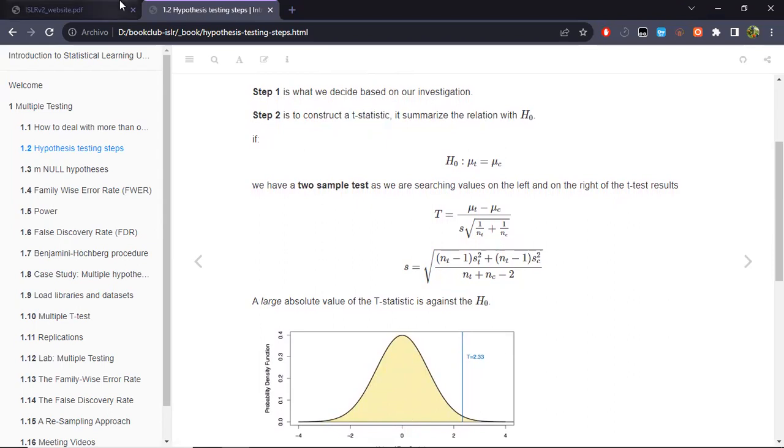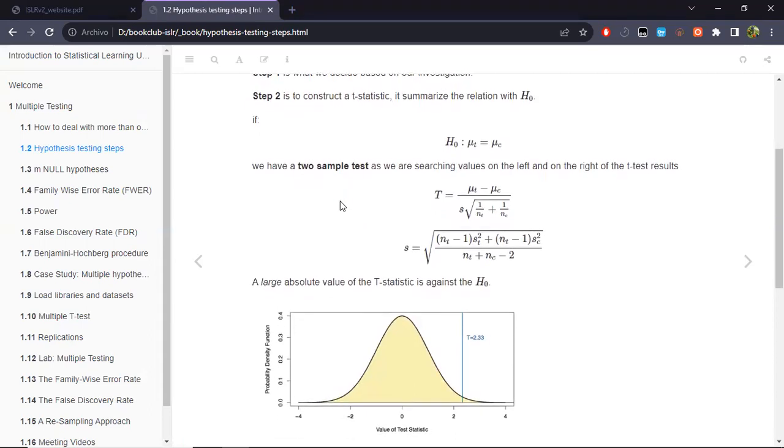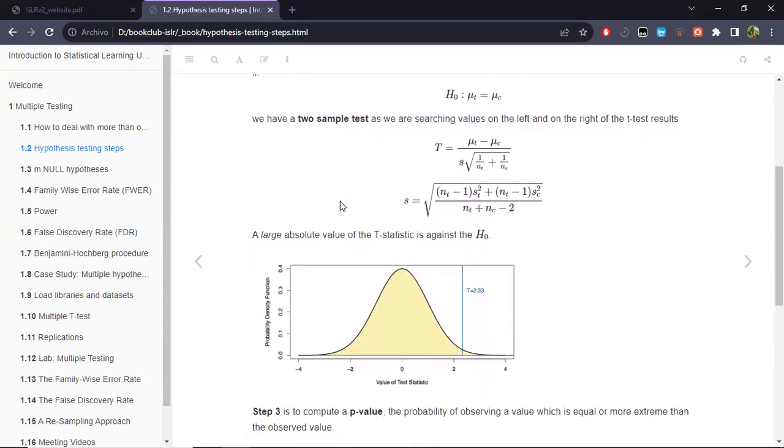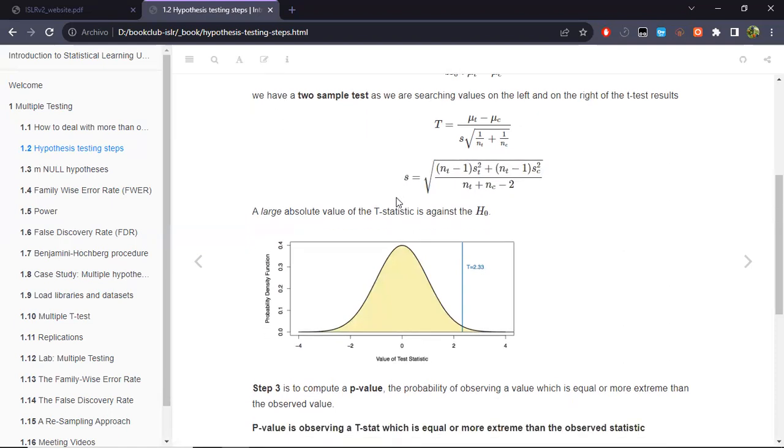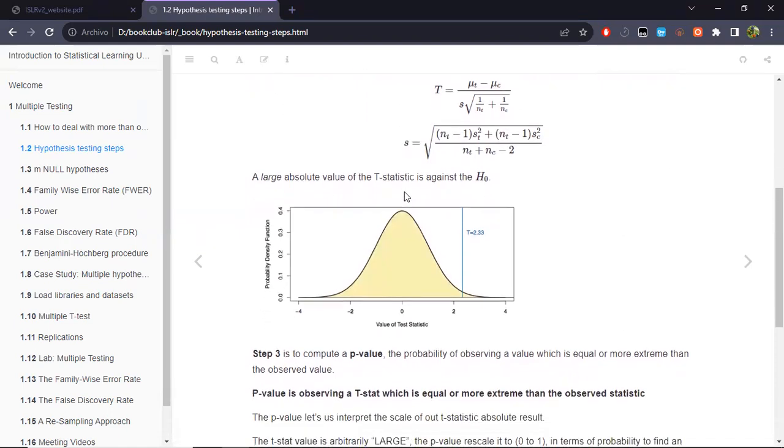At least in this chapter, we mainly see the two-sample test. And for this specific null hypothesis that we considered in the previous example, the test statistic that we define is as follows. We also have some approximation of the variance.